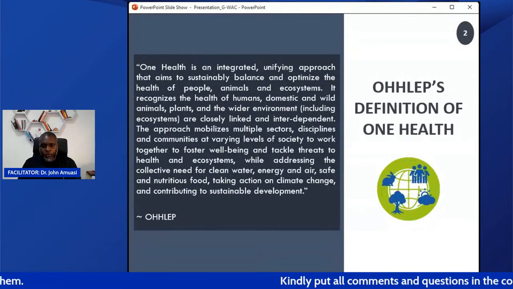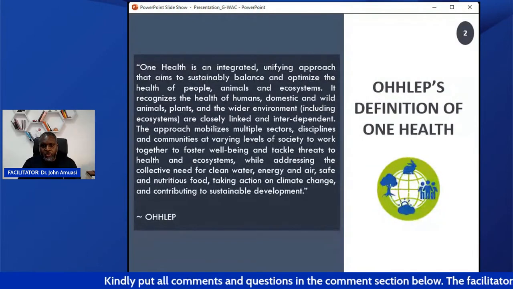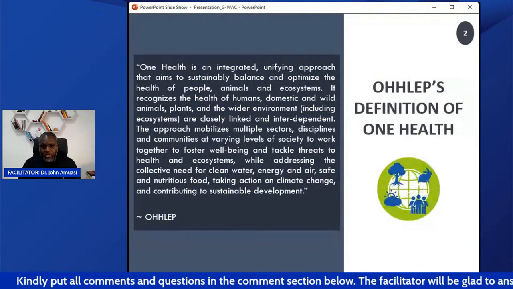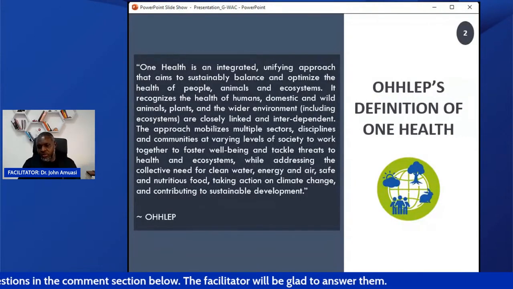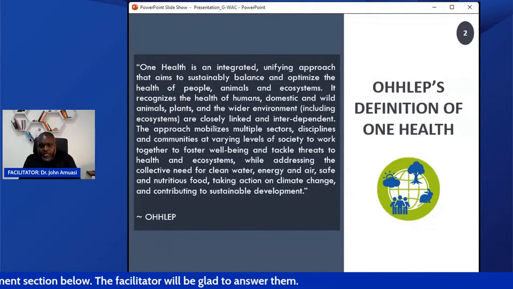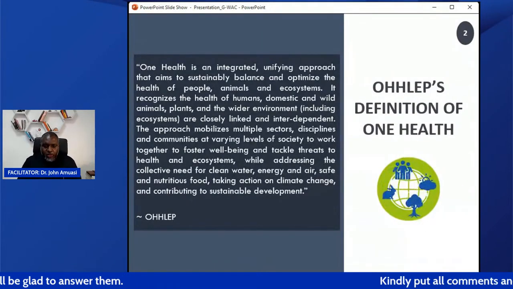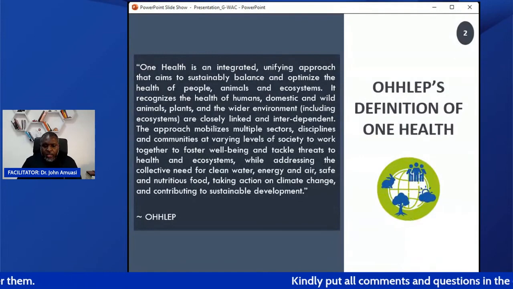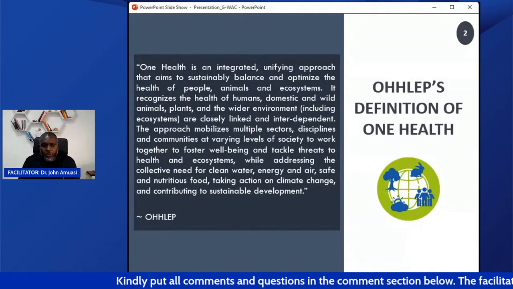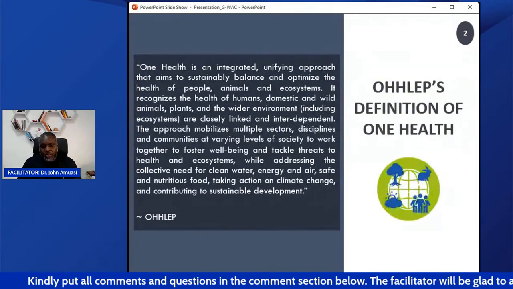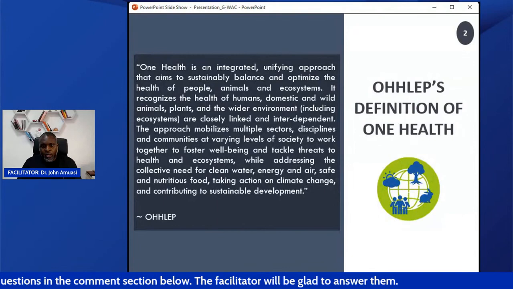So I read: One Health is an integrated, unifying approach that aims to sustainably balance and optimize the health of people, animals, and ecosystems. And when you think of this, you realize that balancing is not easy. Balancing has never been an easy thing to do. Once you recognize this, you're able to immediately put in place systems and structures that allow this balance to be successful. I continue reading it.